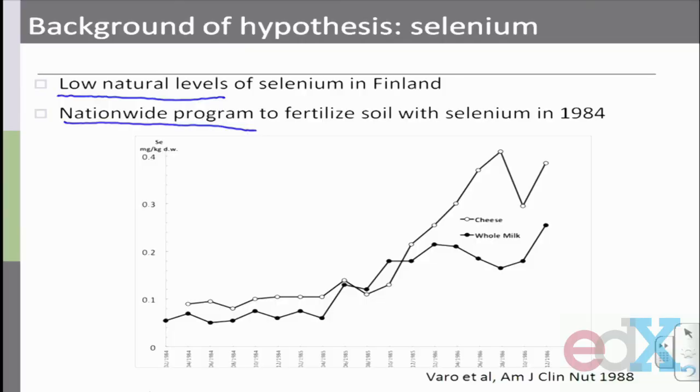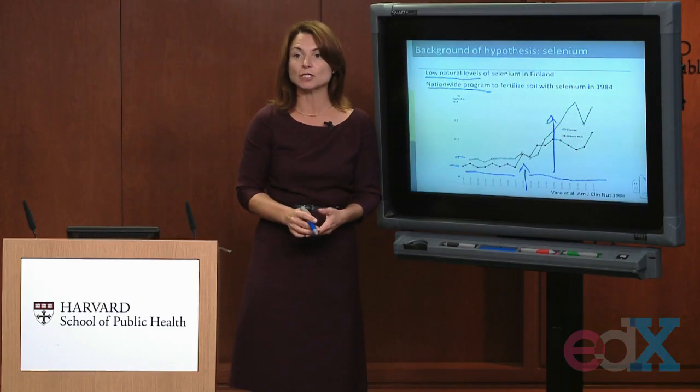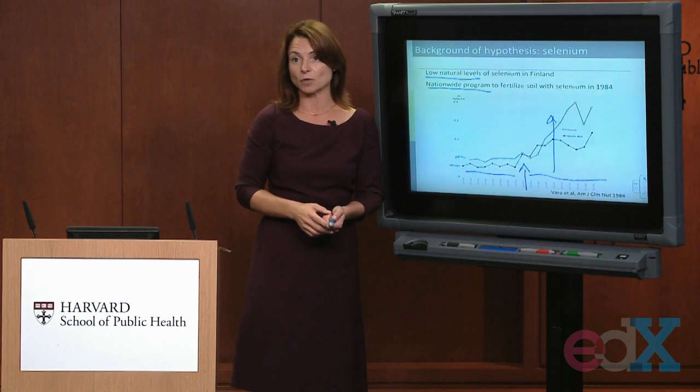And in fact, this figure is looking at the selenium content in cheese and then in whole milk, and the fertilization occurred at this point in time. If you look at the amount of selenium in these food groups before compared to after supplementation, you can see a big increase in levels of selenium in these specific foods. That was solely due to the fertilization of the soil.